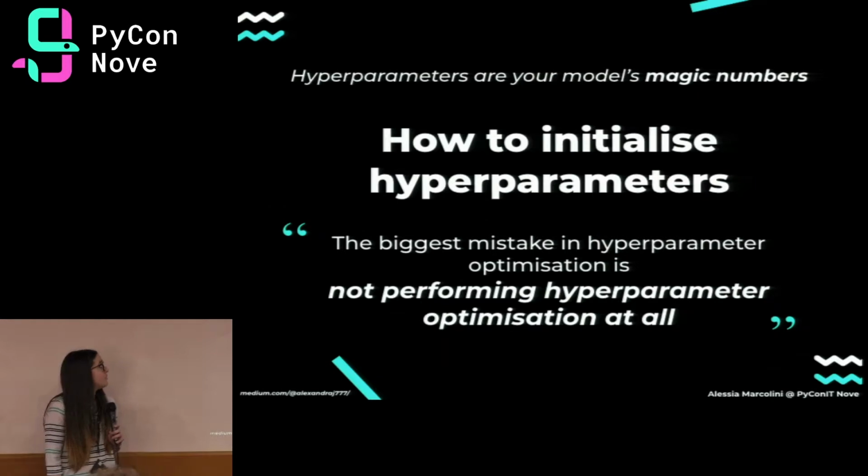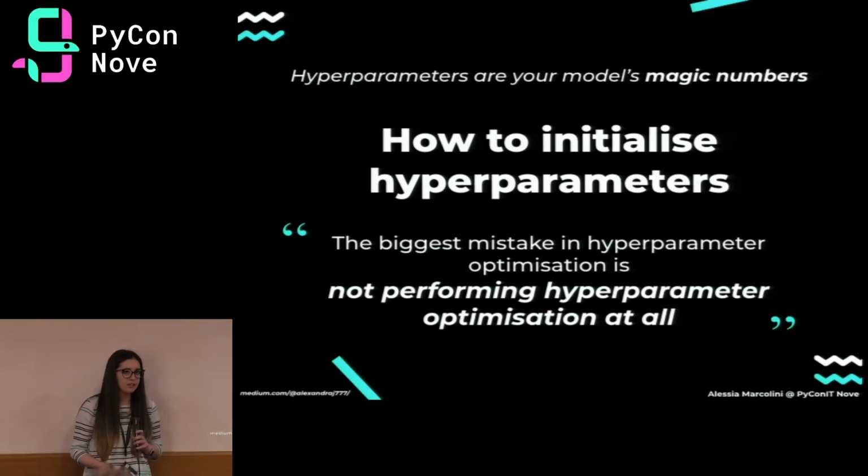Well, hyperparameters are your model's magic numbers. The numbers you set before starting the training, the values that are not selected directly by the learning algorithm itself. And hyperparameter optimization is a powerful tool to extract the maximum power out of your model, but of course only when correctly implemented.